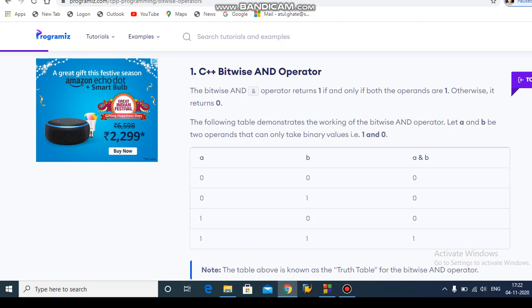Please note, the bitwise operator does not consist of any condition. It consists of only numbers.